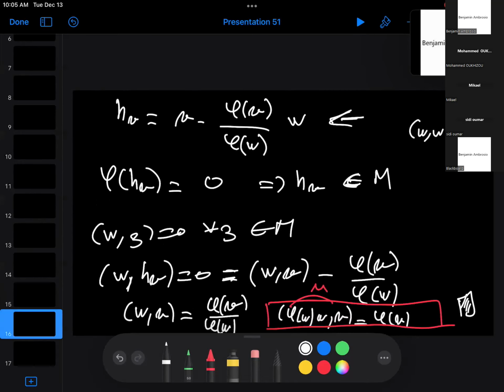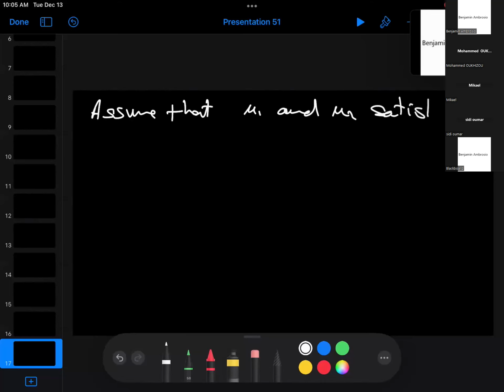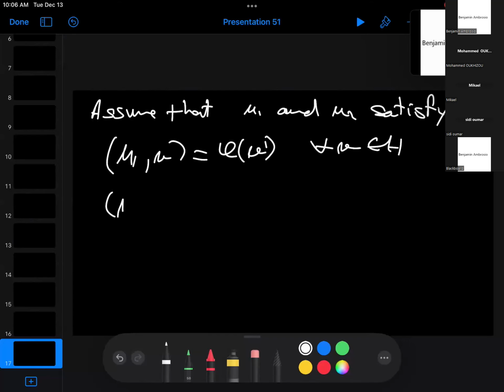All right. So in fact, I forgot we need to prove also the uniqueness. So let's do the uniqueness. So assume there are two such U. So assume that the scalar product of U1 and V equals phi of V for all V in H, and the same for U2.